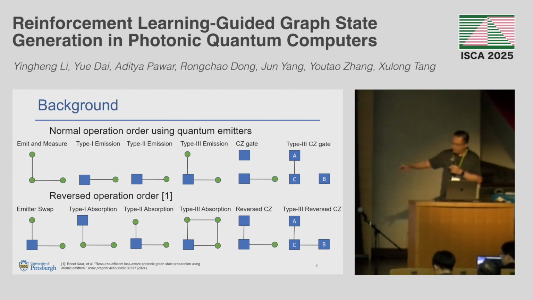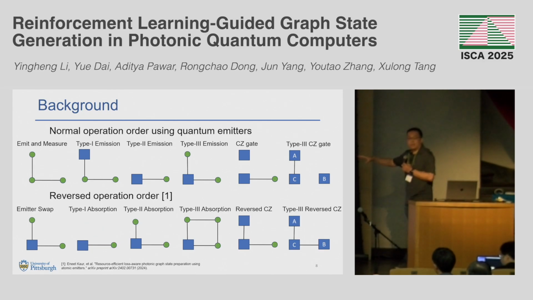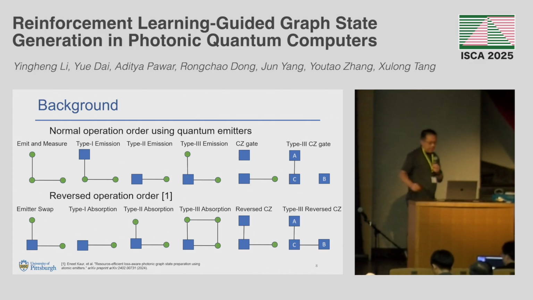And same for type 1 emission. In the base one, you pop out one and entangle with a photon, and in this case, it's like a snake. You can eat that photon here. And also, you note that there is text there, basically adding some constraints to each of these reverse operations that will simplify the search, which I will explain in the next slide. Same for type 2.